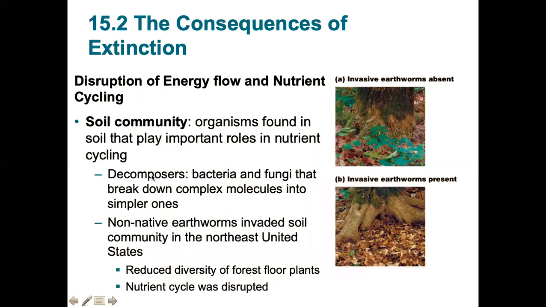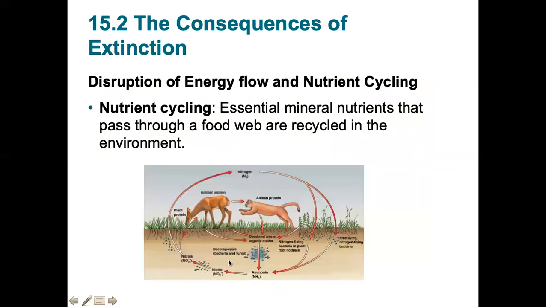Bacteria and fungi are primary decomposers. And if you were to have a non-native earthworm that eats the bacteria, that's what earthworms eat, they eat bacteria and fungi, then you're gonna wipe out these populations. And because of the health of the soil and the organic matter in the soil, meaning the bacteria and the nutrients that they're cycling, some bacteria can actually pull nitrogen right out of the air and convert it into a usable form.